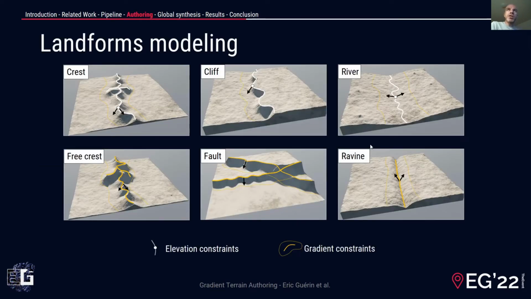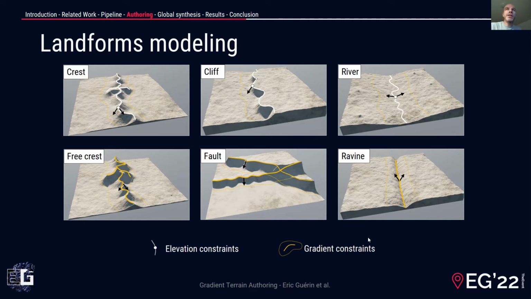Using combinations of soft and hard constraints is convenient and effective to create landform archetypes such as crests, cliffs, rivers, faults, or ravines. Hard elevation constraints are crucial, in particular for riverbed landforms, where it is important to guarantee that the terrain has a consistent flow direction without sinks.